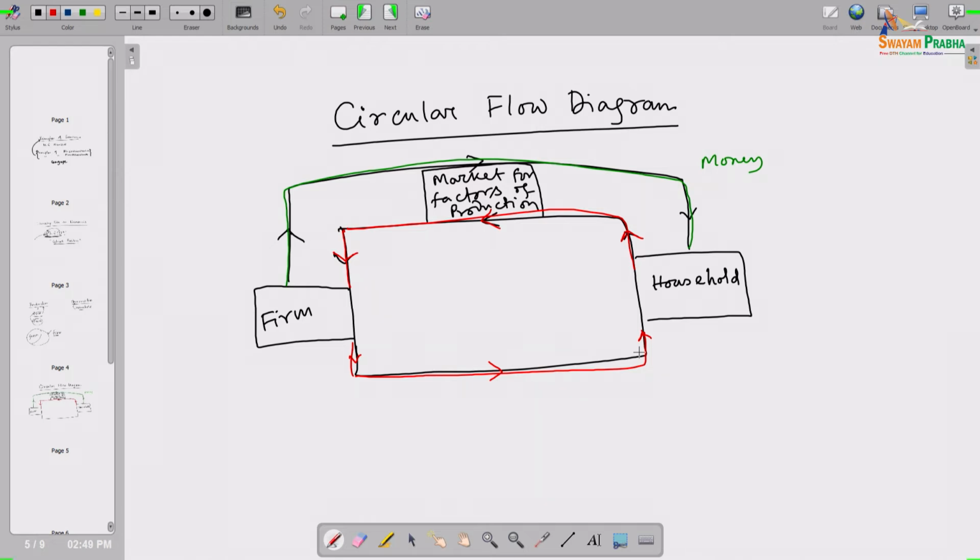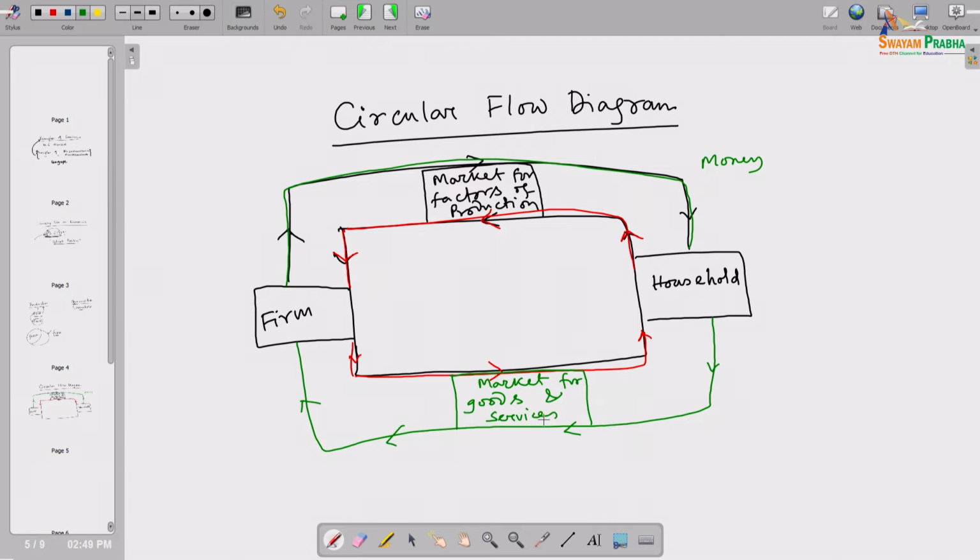And the outer bottom green panel is the money flow, because the earnings households get, they use to purchase goods and services from the farms. That transaction is happening in another market, called the market for goods and services.